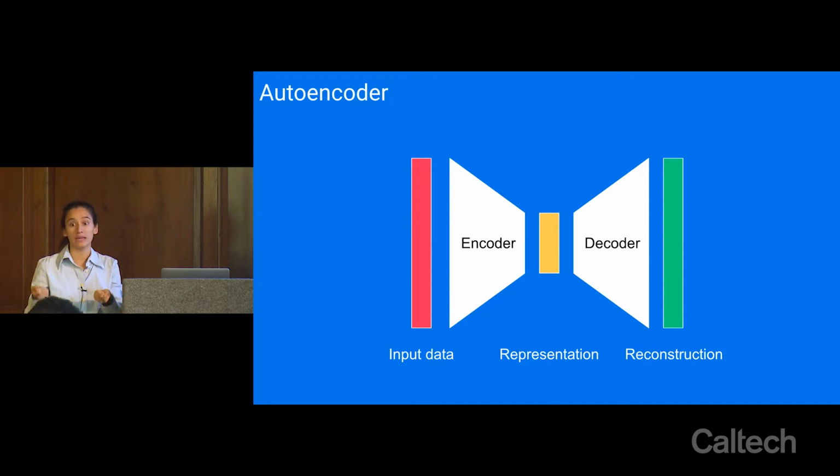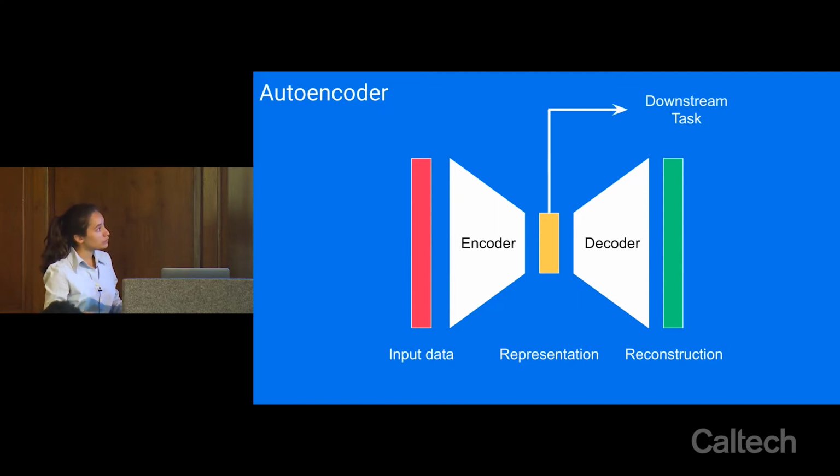So this would be an example of self-supervised learning. Some people would argue that it's unsupervised learning, but this concept of an autoencoder is very important because what you can then do is you can use this representation that is trained on your ability to do reconstruction to do downstream tasks, whether that be classification or clustering or anything you like.